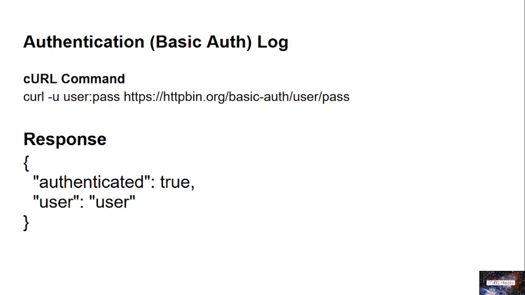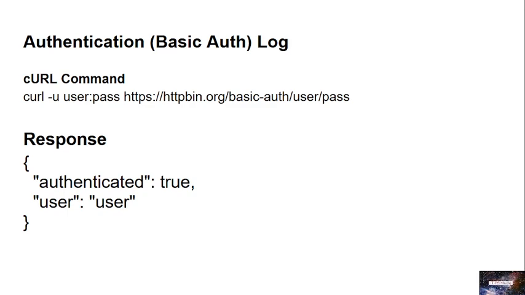Now look at this. This is basic authentication. curl -u user. So when you use flag U, you're specifying user. So it says user, that's the username, and the password is pass.